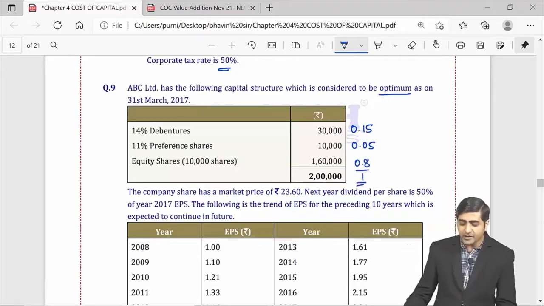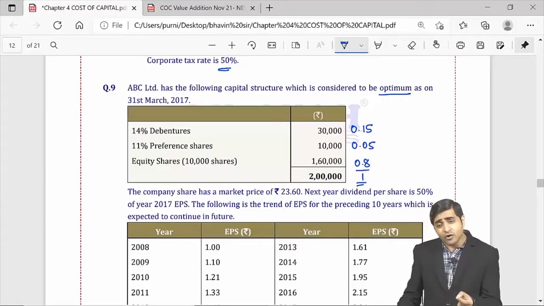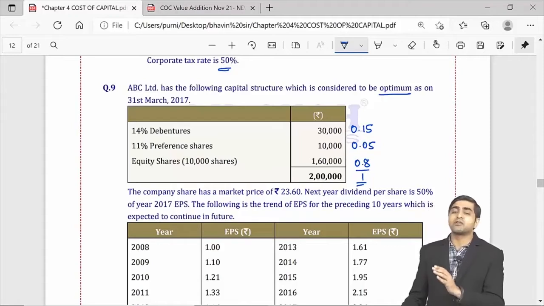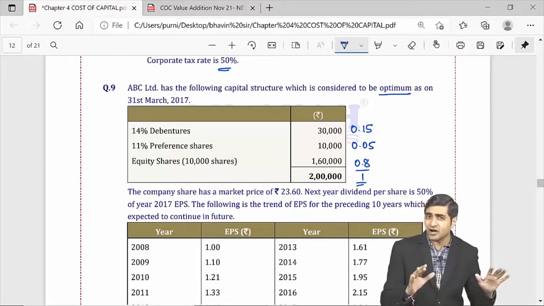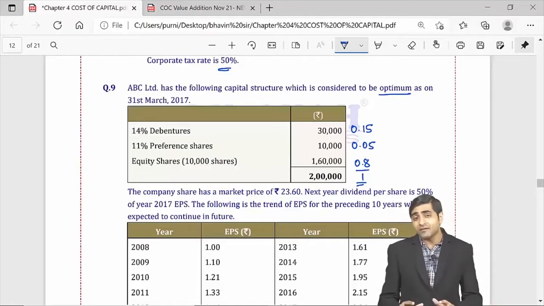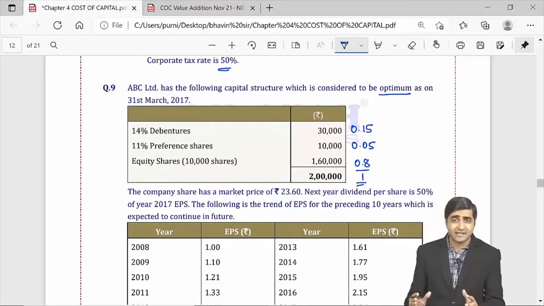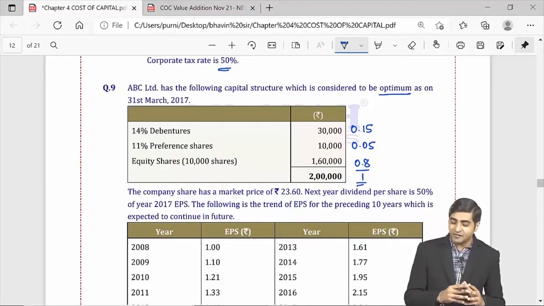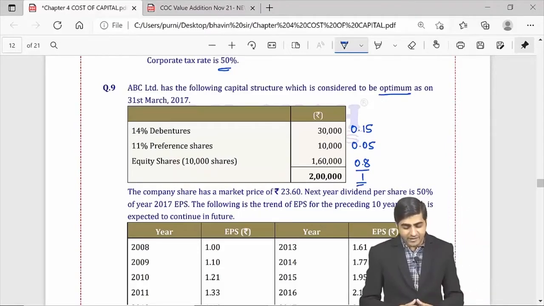So guys, when you are going to raise any further funds, you have to compulsorily raise them in this particular proportion only. So we have the optimum capital structure available to us in the question. So whenever any new additional finance needs to be raised, it has to be raised in the proportions which you can see right now. So your debt will be 15%, your preference will be 5%, and your equity will be 80%.